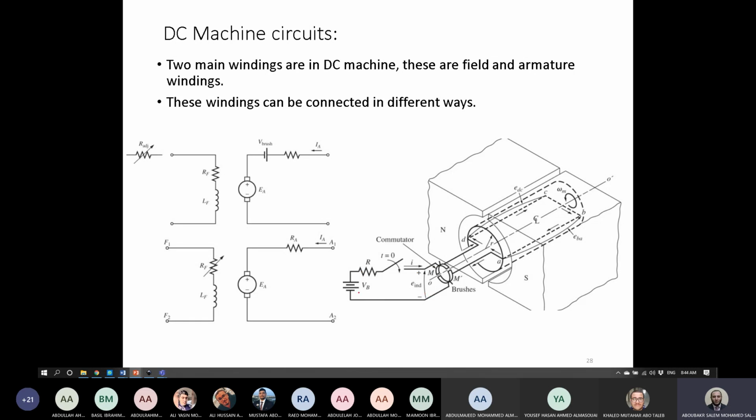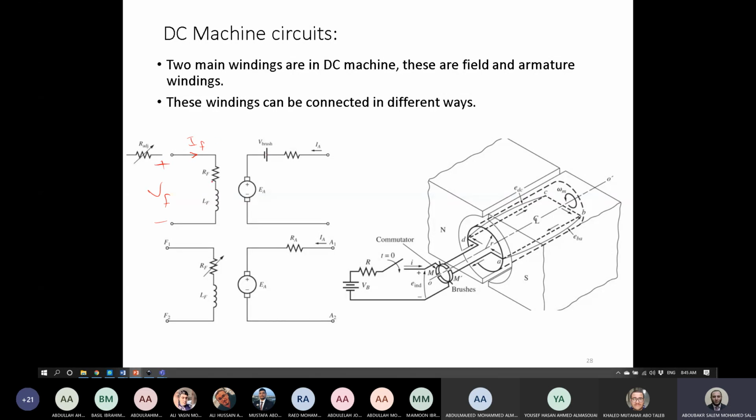So this is now the way of the connection of the motor itself, and we can assume that there is a flux coming here from N to S by means of another circuit. We call it the field circuit. As you can see, the field circuit can be supplied through a DC supply here. We can call it VF, and there will be a current moving here equal to IF.